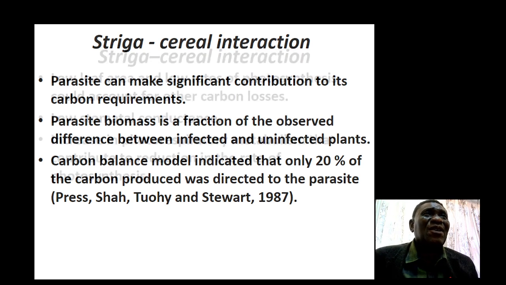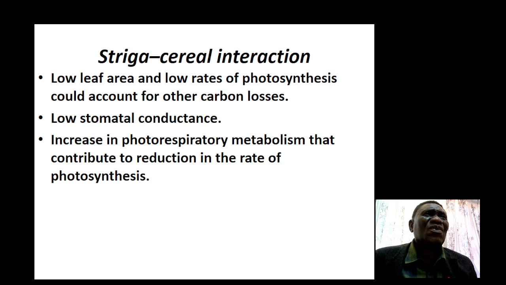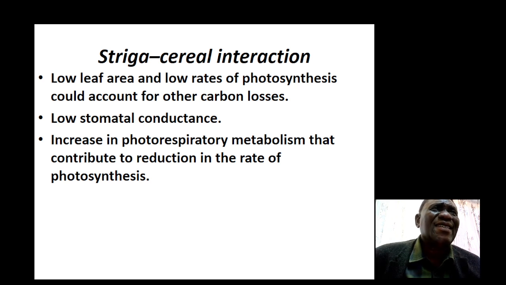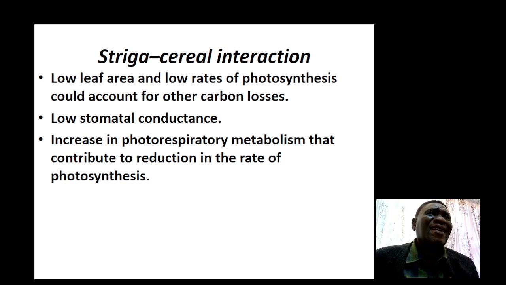Probably they were lost due to high respiration which was occurring, or it could be due to low leaf area and the low rates of photosynthesis may also account for these losses. Also, low stomatal conductance could contribute to these effects.